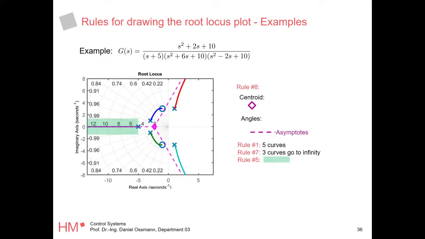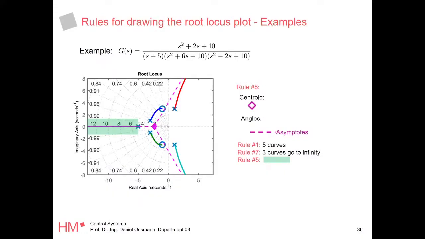So we have 5 poles now, and we also have a conjugate complex pair of zeros, right? Okay, so now what you need to do is compute all the poles and zeros.